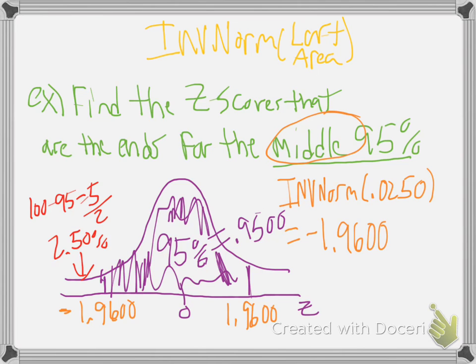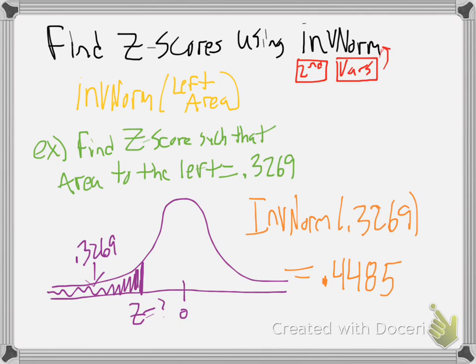So in these 3 examples, you're using inverse norm to find z-scores. Remember, z-scores are positions, so this time we have areas. Notice that the areas in all these pictures are above or inside the curve, and all the z-scores we're finding here are positions. Position is either positive if it's on the right or negative on the left.